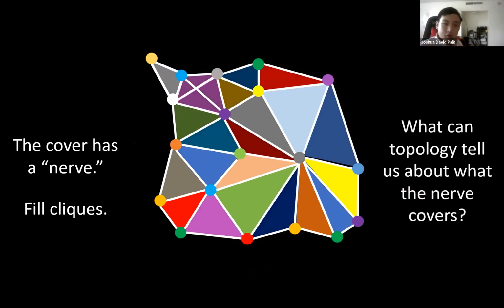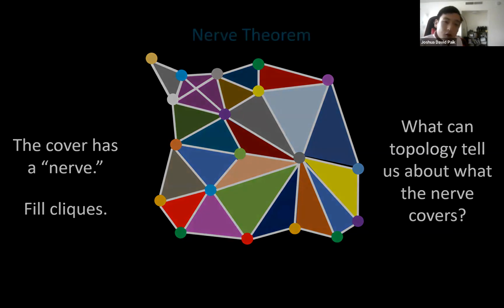So, okay, now we have a nerve. So maybe one basic question we can ask is, what can topology tell us about the space the nerve covers? This leads us into the nerve theorem.